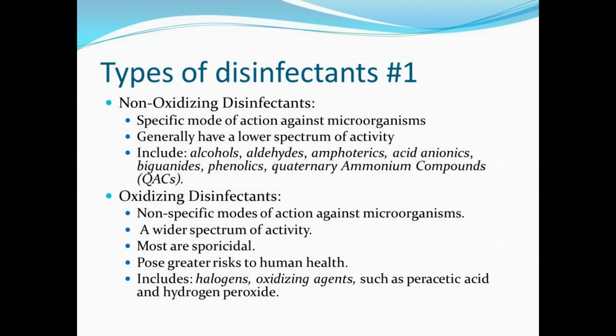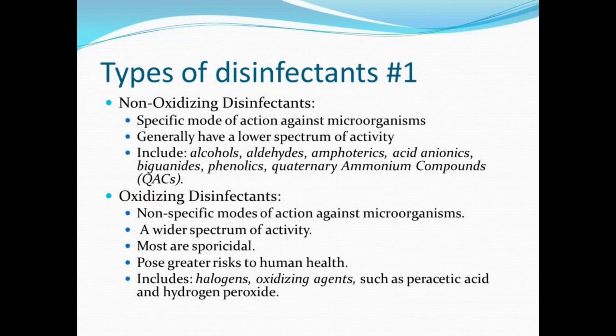Now, there are various ways to categorize disinfectants, and different books will direct you in different ways, but generally one way of doing so is to divide disinfectants into those that are called non-oxidizing disinfectants and those that are called oxidizing disinfectants. Non-oxidizing disinfectants tend to have quite specific modes of action against microorganisms, so they will target one part of the cell.